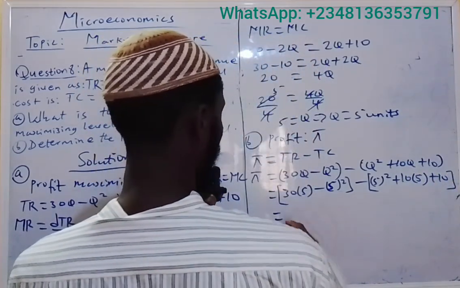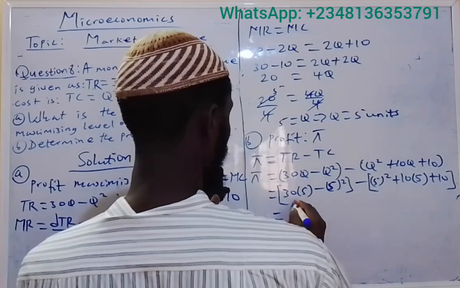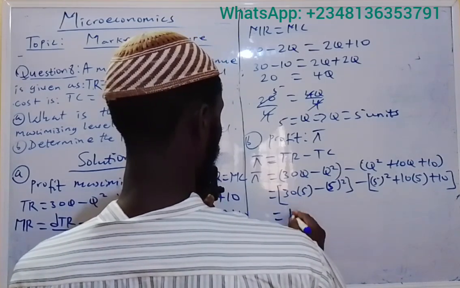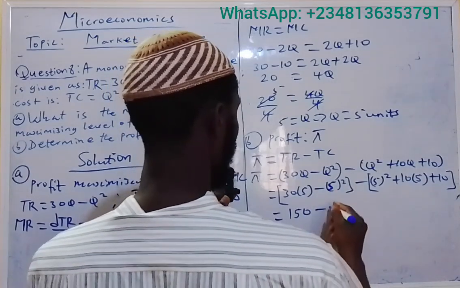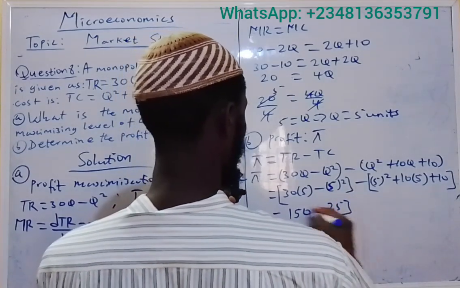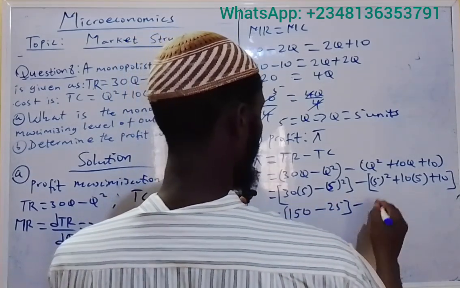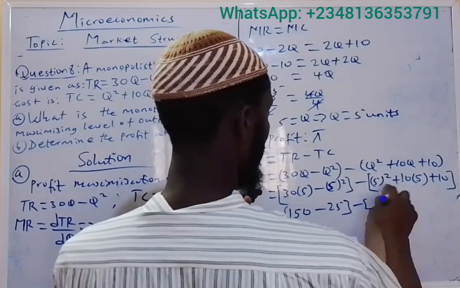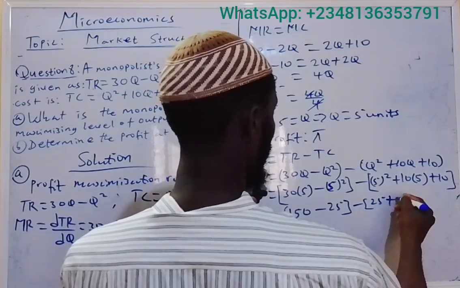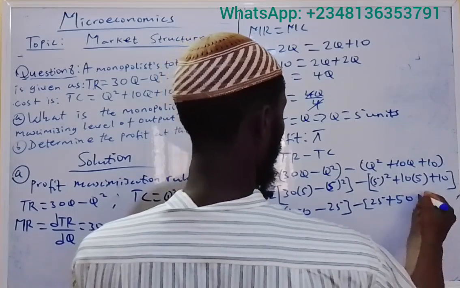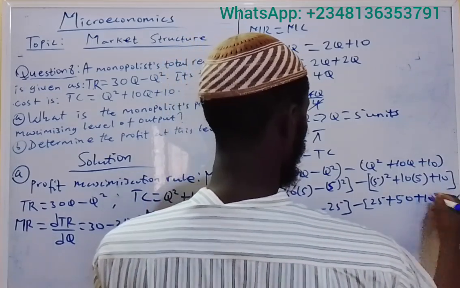Then we simplify: 30 times 5 is 150. Then we have minus 5 squared, that is 25. Then minus 5 squared is 25, plus 10 times 5, that is 50. Then we have plus 10.